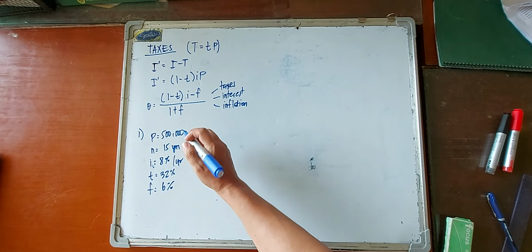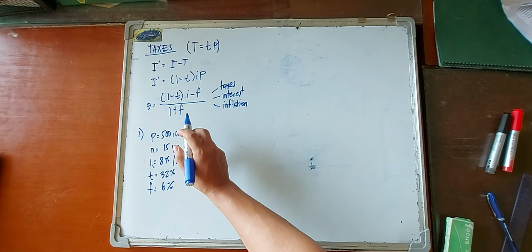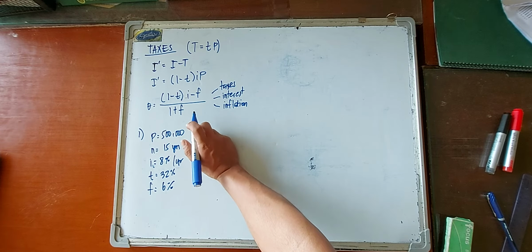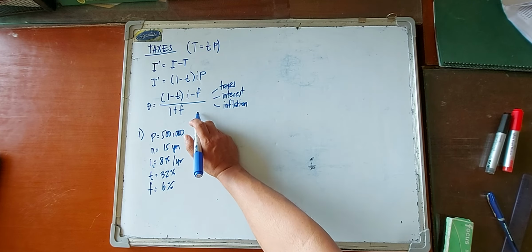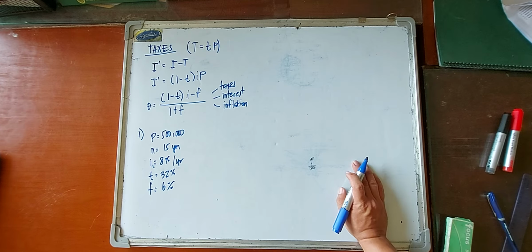Yung taxes, yung interest, at saka yung inflation. Okay, the composite interest rate then, theta, is equal to this value. So ayan. So again, theta can be negative. Theta can be negative, no? Because of the effects of inflation and taxes. So pag negative yung theta, yung composite natin, ibig sabihin lugi ka doon, no?